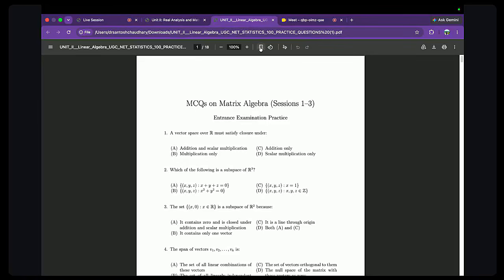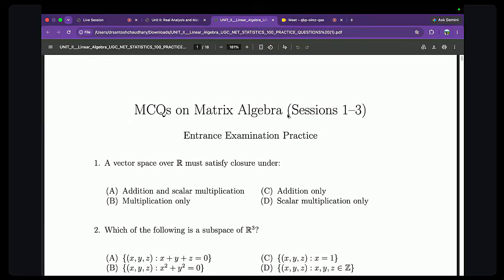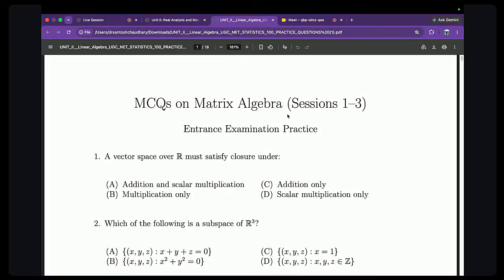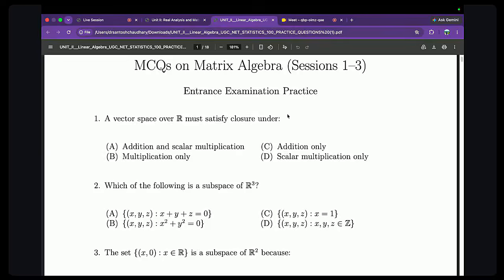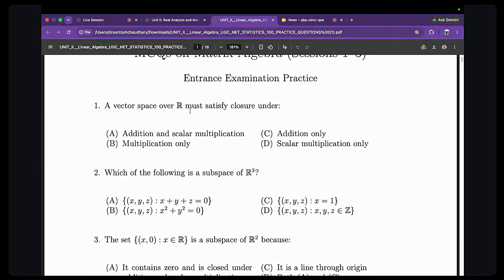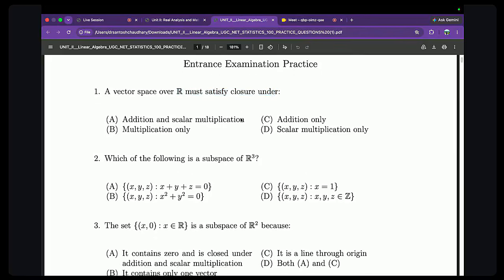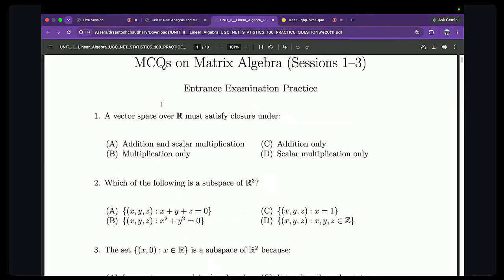Let's come to the few problems section. So this problem is just AI generated, just for introduction purposes. For example, they are asking a vector space over R must satisfy closure under what? These are just introductory level questions. So let's discuss.